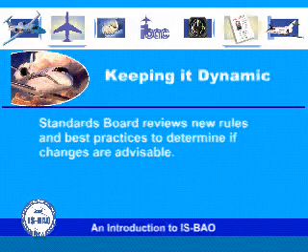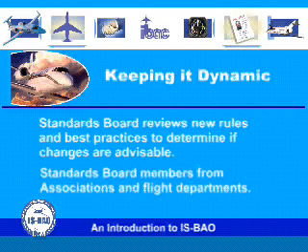IBAC has assigned responsibility for keeping the ISBAO current to a standards board. The board, which draws its members from business aviation associations and flight departments, meets at least once a year to review new rules and best practices and to determine if changes to the ISBAO and related materials are advisable.